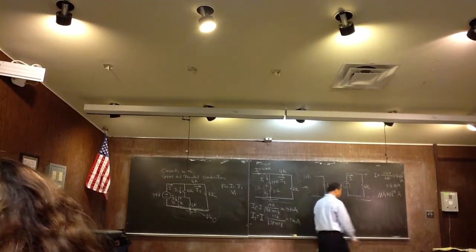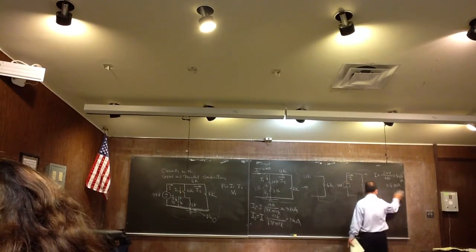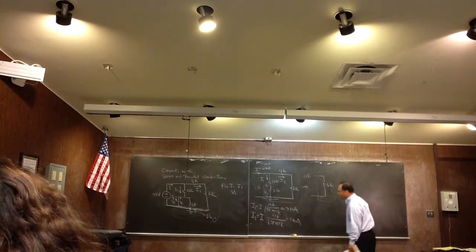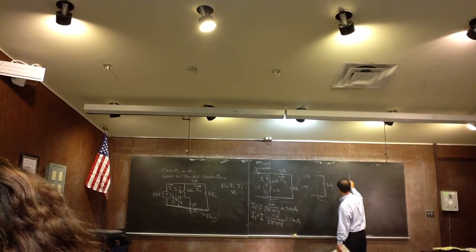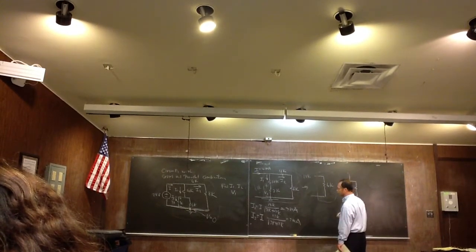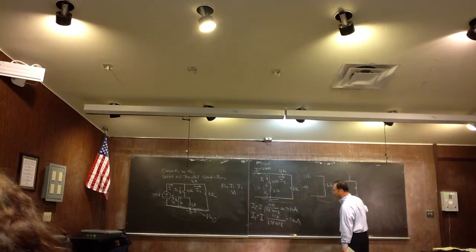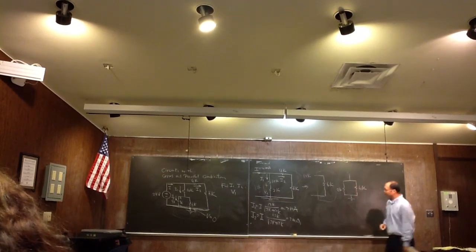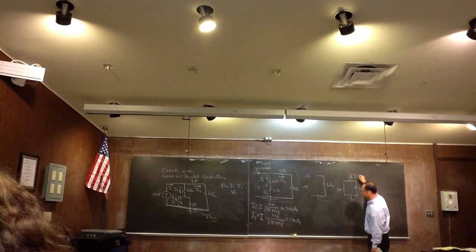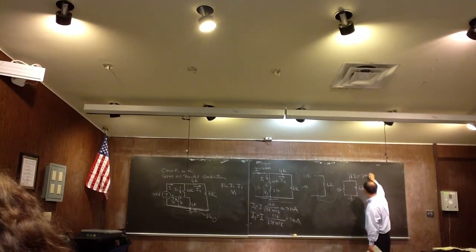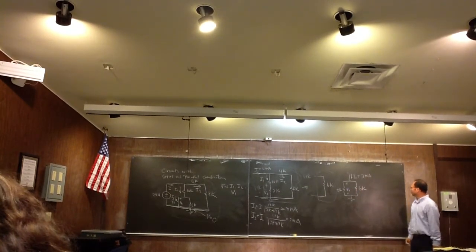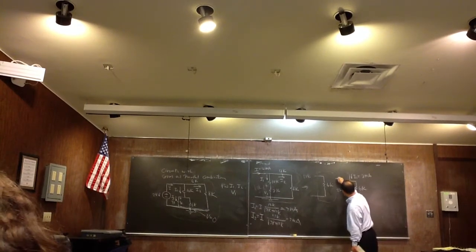I hope you are following my analysis here. So basically you have two branches down here. You have 3K, you have 6K, correct? And then from the top, you get I1, which is 2 milliamps. So we are looking for the voltage here, V1. And this is what we call I3.